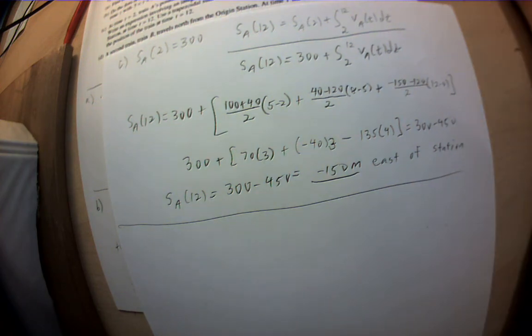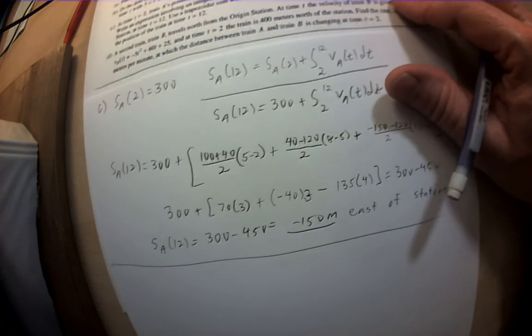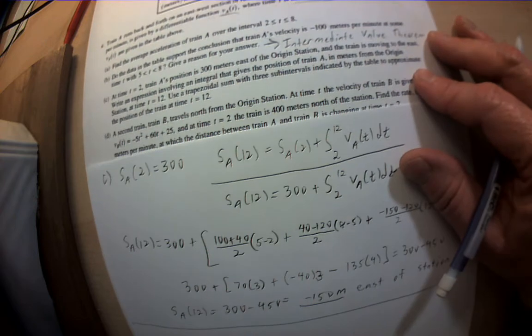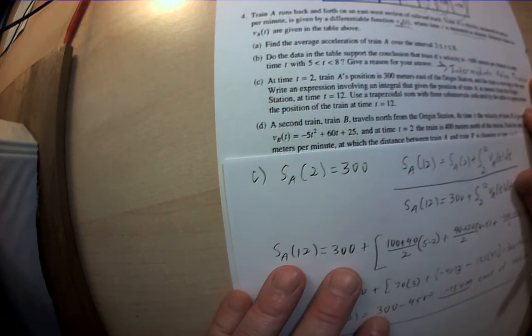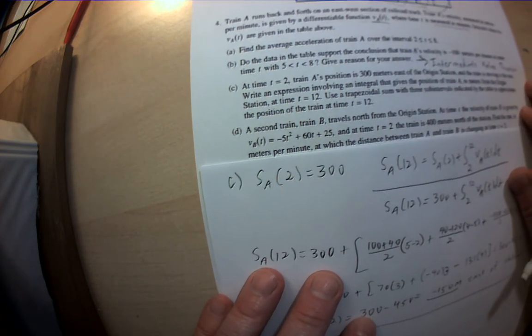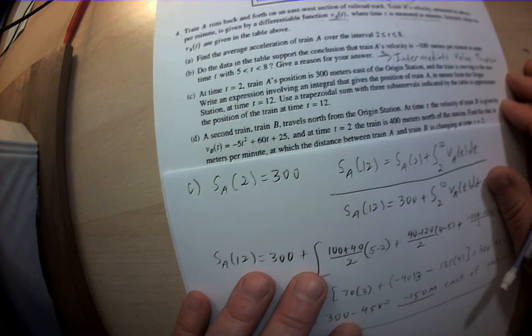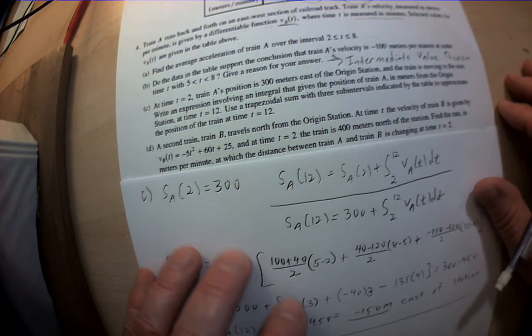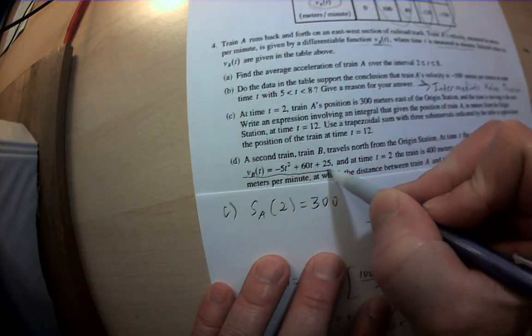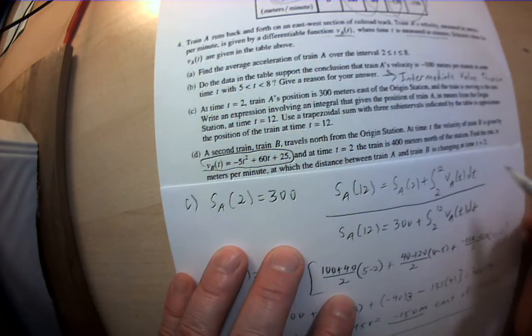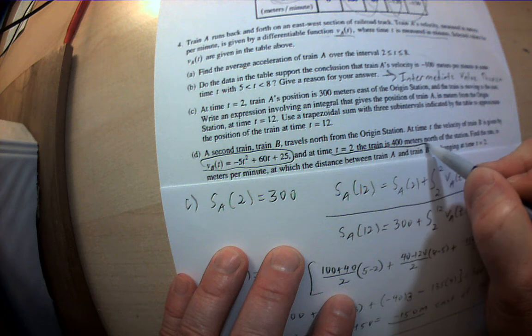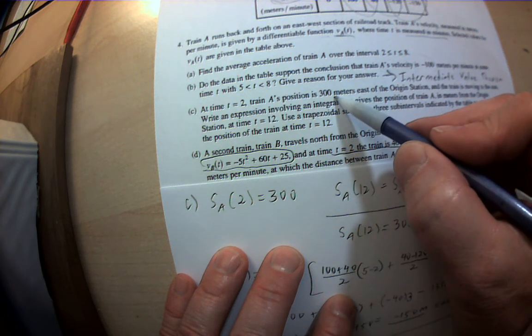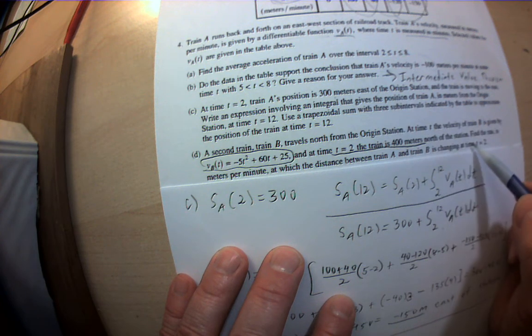Okay, so what are they looking for in part D? A second train B travels north from the Oregon station at time t. The velocity of train B is given, so they're giving me the velocity of this other train. At time t equals 2, it's the same initial condition they gave me up here for the other one, north of the station.